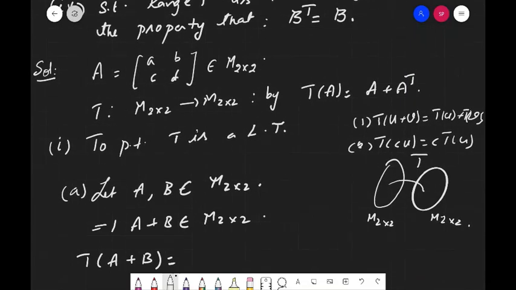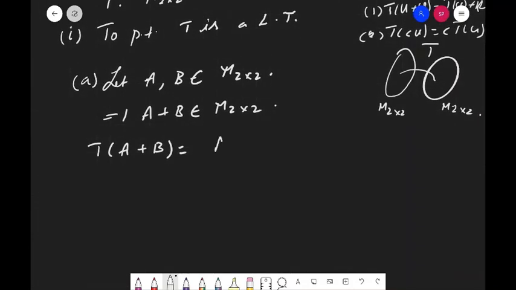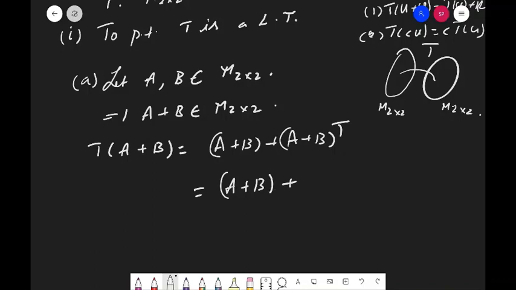So what is T of A plus B? It is A plus B plus (A plus B) transpose. We have transpose properties: (A plus B) transpose is nothing but A transpose plus B transpose.